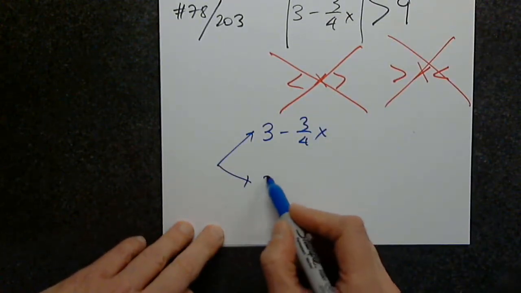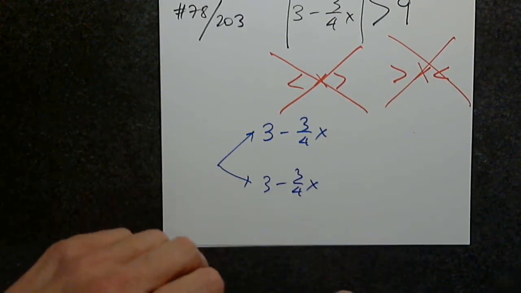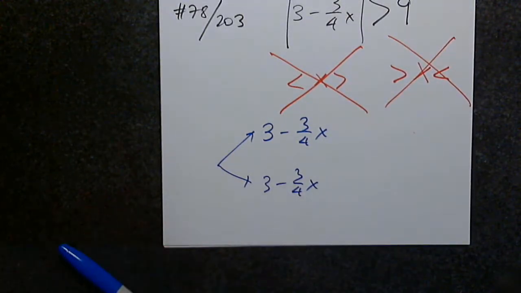And the other option, 3 minus 3/4 x. Remember, there are only two options. This option, which is not the case, and the second option, which is this. So what will you tell me to write?